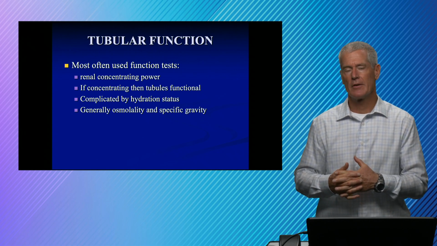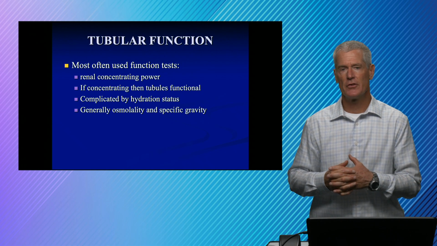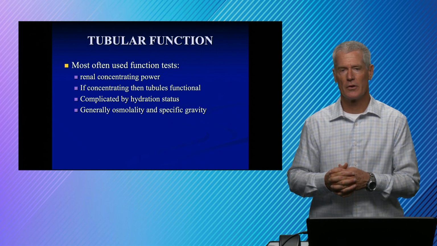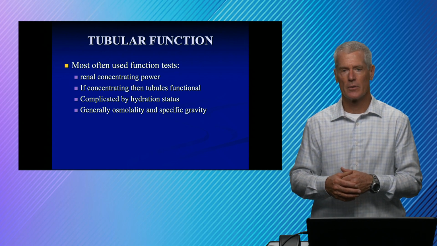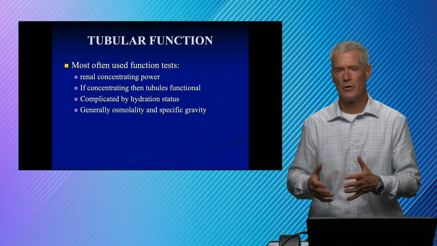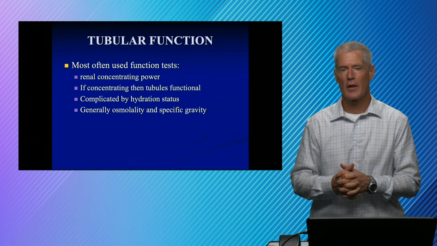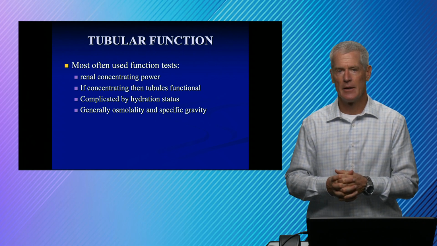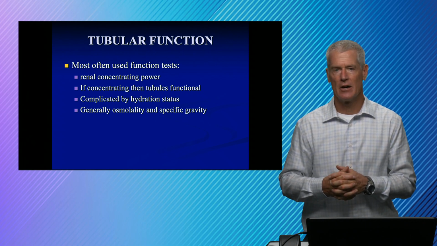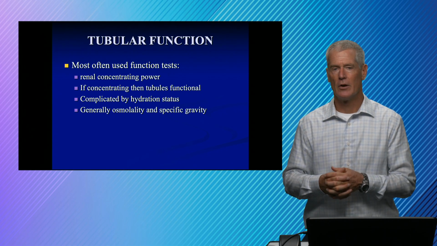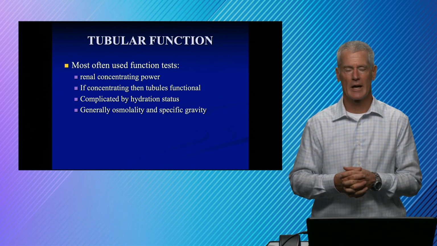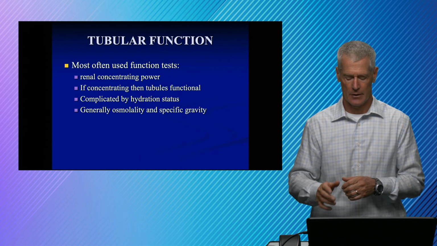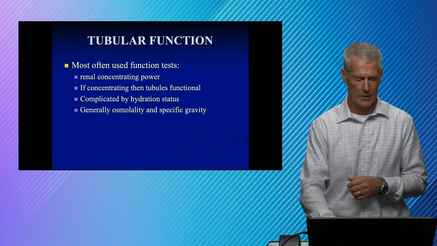Again, with specific gravity, if you have a consistent specific gravity of 1.008, around that range, between 1.008 and 1.012, something like that, we call that isostenuria. And sometimes that's an indication of impending renal failure, and inability to concentrate or dilute a urine specimen. And so that's something to keep an eye out for.